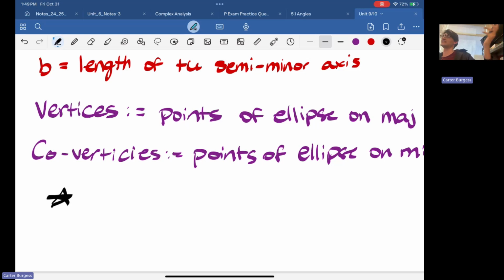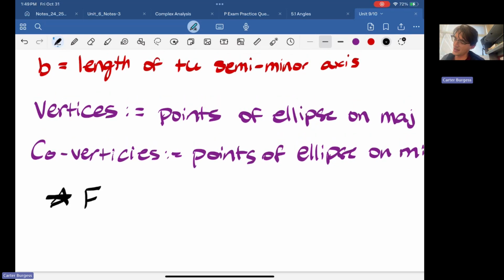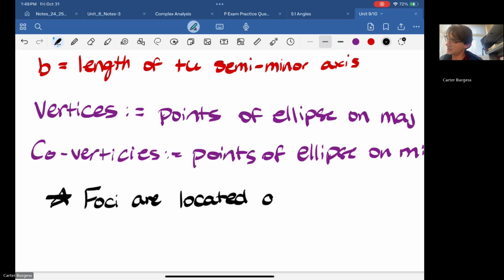You get something slightly different. But for our purposes, at least for today, we'll mess with that on Tuesday. Foci are located along the major axis.